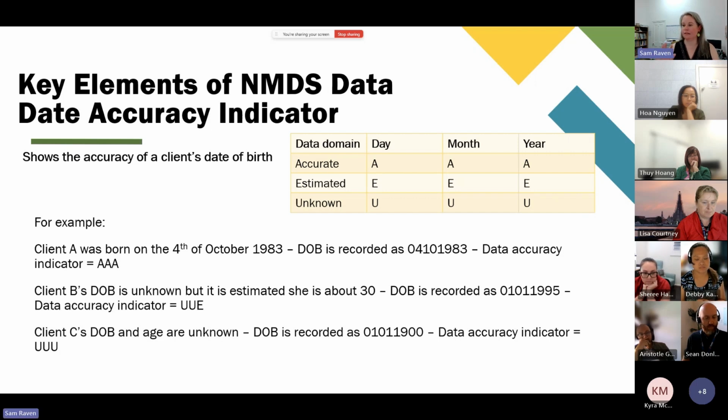The data accuracy indicator for that is UUE, because the day is unknown, the month is unknown, and the year is an estimate, right? So what it says to the data collection at the other end is this is a guess about this person. Client C, date of birth, age unknown, recorded as 0101 1900. The data accuracy indicator is UUU because all three domains are unknown.